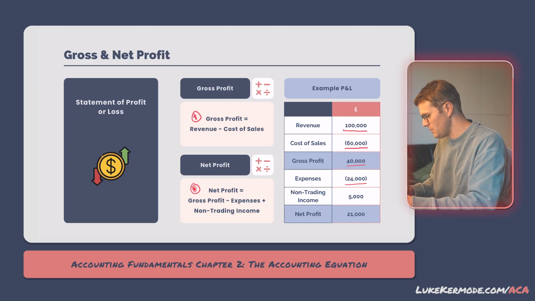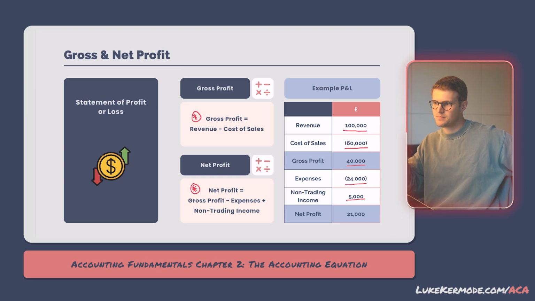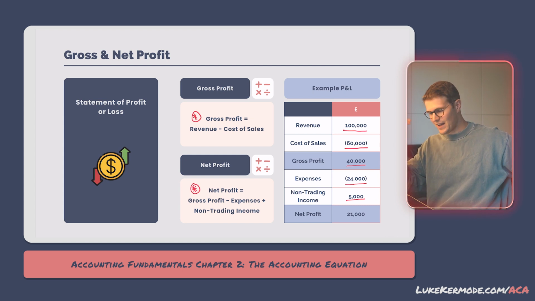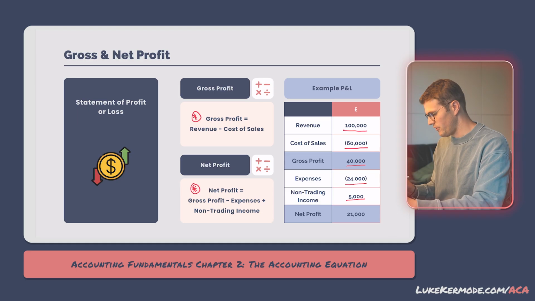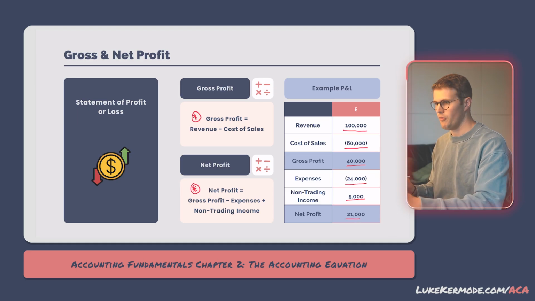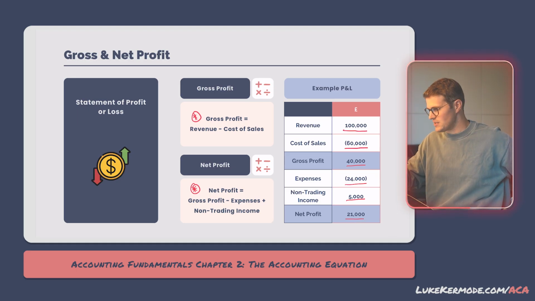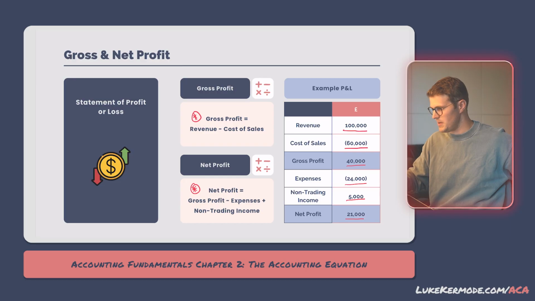And this comes to £5,000. So we take gross profit, we deduct the expenses, and we add on non-trading income. That leaves us with a net profit for the period of £21,000. That's the bottom line result for the business.